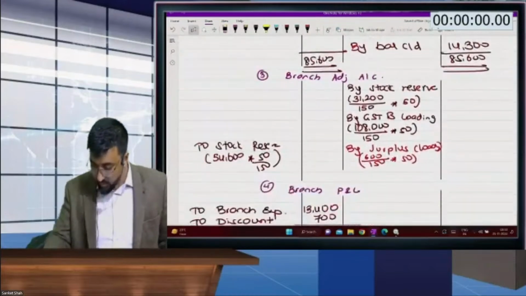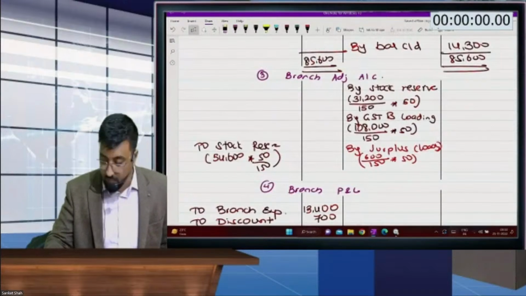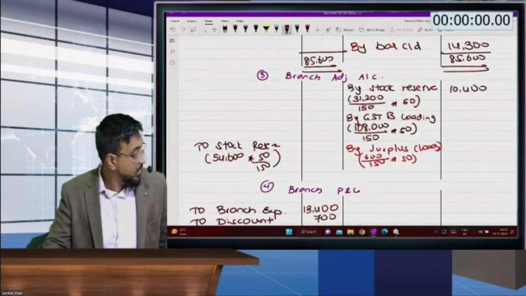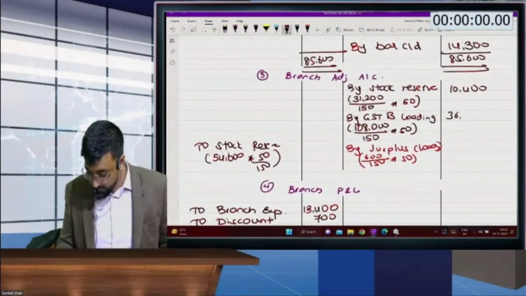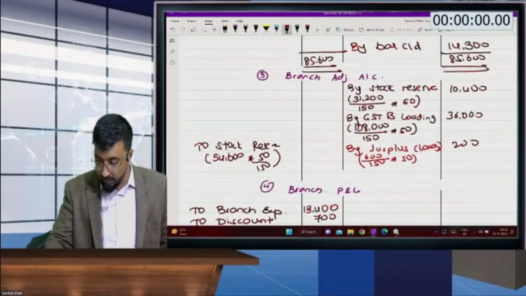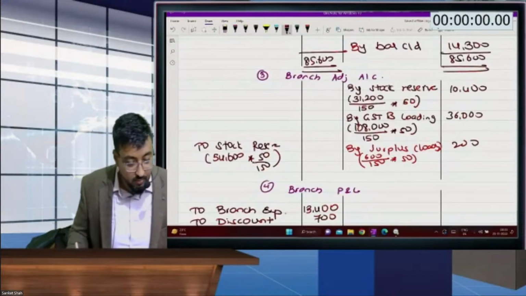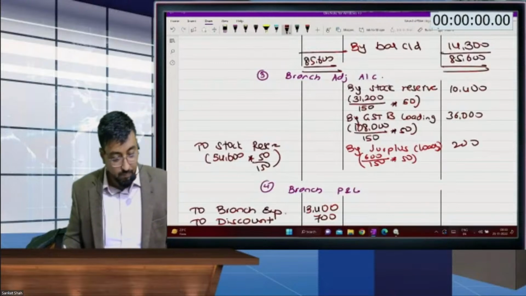Then I will calculate this 50 divided by 150 into this is 10,400. 1,08,000, 36,600 is equal to 200 and 54,600 is equal to 18,200.